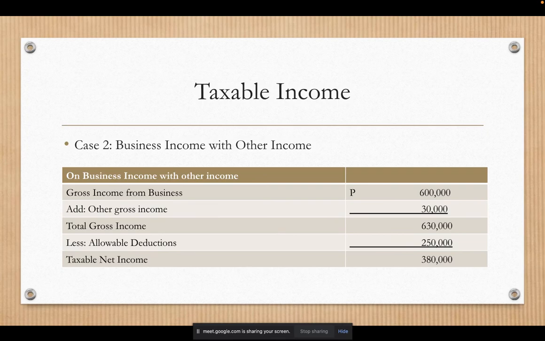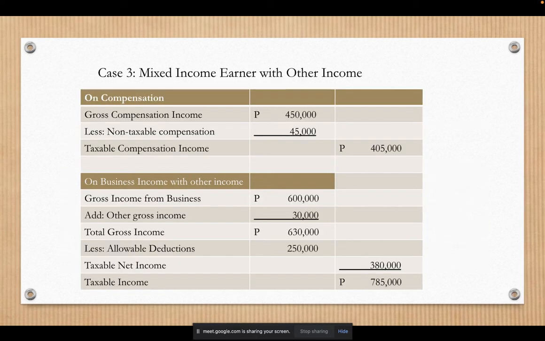Paano naman po sa case number 2? Ganito po siya ang itsura. Gross income from business, add other gross income is equal to total gross income less allowable deductions of 250,000. Therefore, your taxable net income is 380,000. How about case number 3?